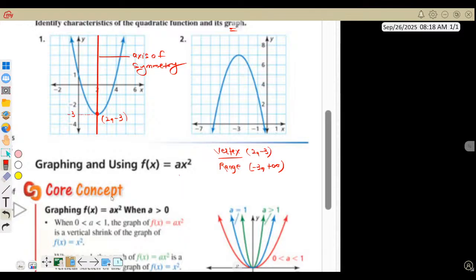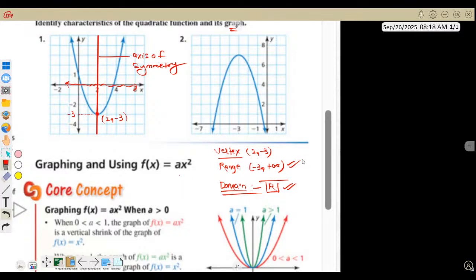Domain is all the points on the x-axis. You are taking every point on the left side and every point on the right side. So actually you can say that input is the entire real numbers. So domain is R, every real number, but range is from -3 to positive infinity.